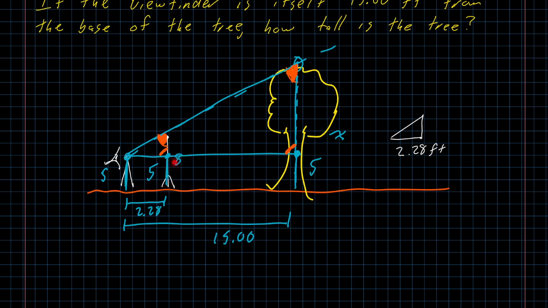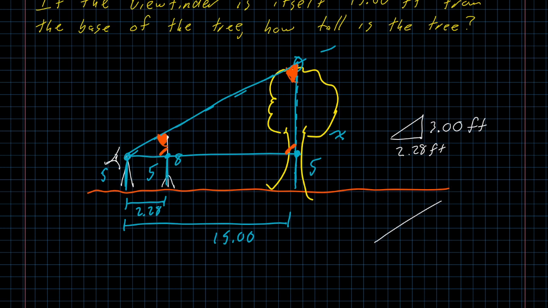The entire stake is 8 feet tall. 5 feet are already accounted for. 8 minus 5 is 3. So the rest of this triangle is 3.00 feet. I don't know what the third side of the triangle is, and I don't need it, so I'm not worried.